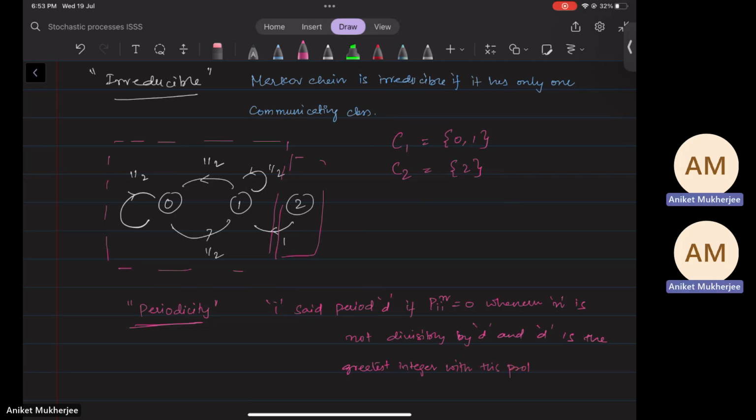So basically, you have the GCD of all the n's for which p_ii^(n) is greater than 0.